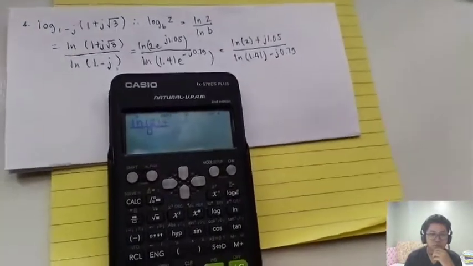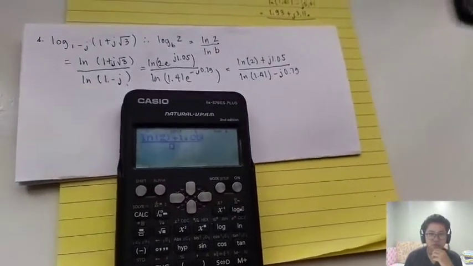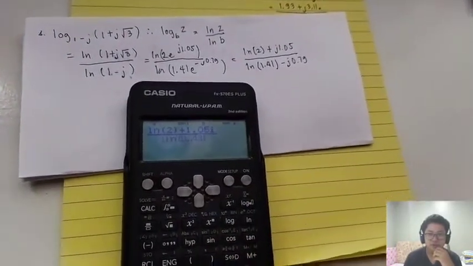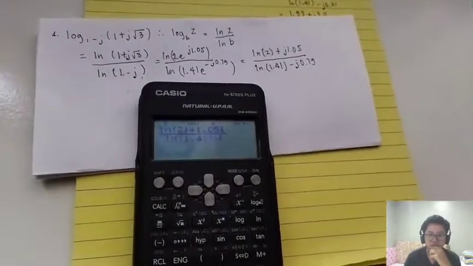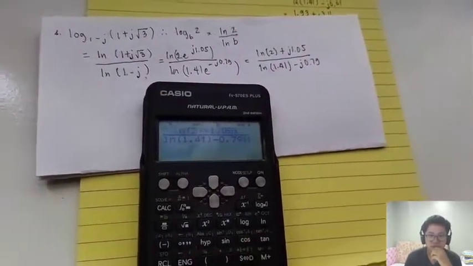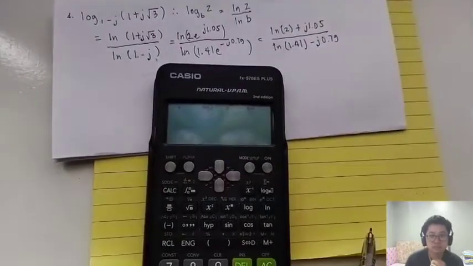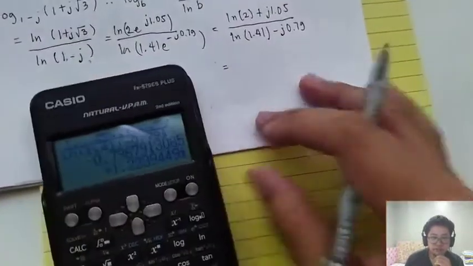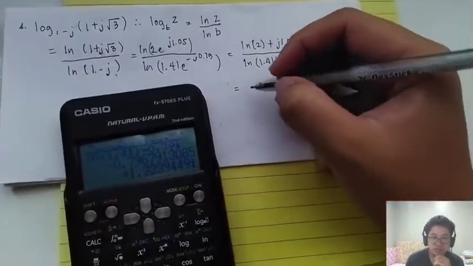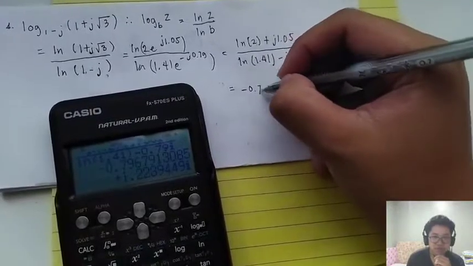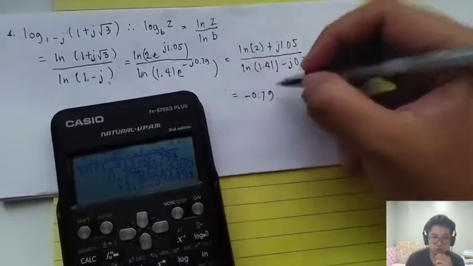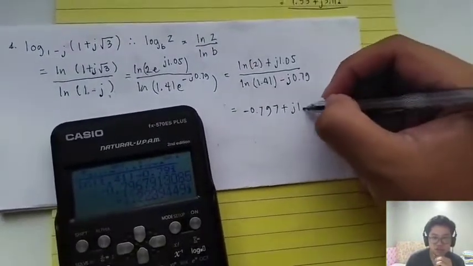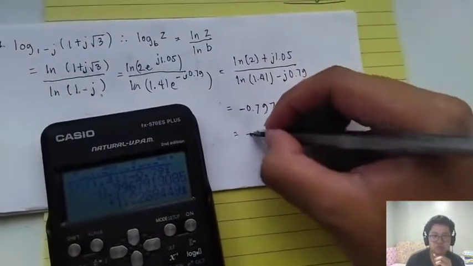Ln of 2 plus j 1.05 divided by ln of 1.41 minus j 0.79, and the answer is negative 0.79, or rounded off, negative 0.80 plus j 1.22.